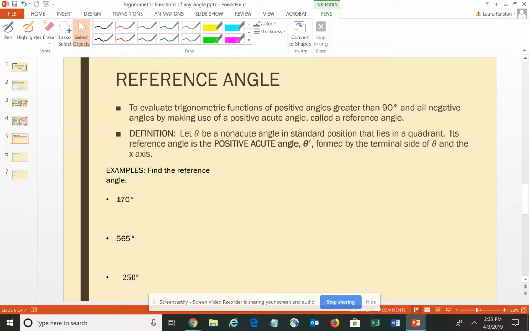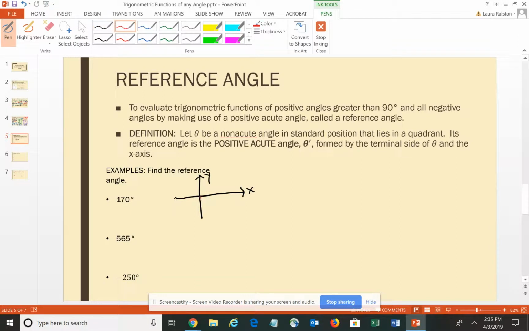And I think it'll make more sense when I draw a picture here for you. So let me see if I can sketch you a picture. If we wanted to find the reference angle for 170 degrees, I'll draw a picture of that angle in the coordinate plane in standard position.